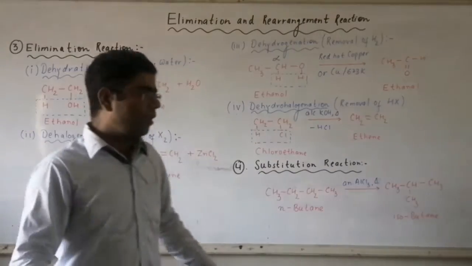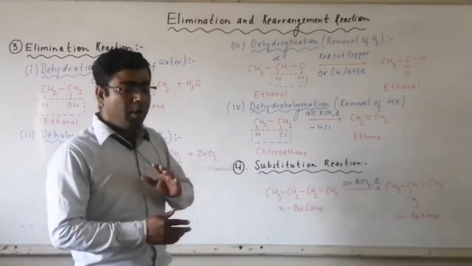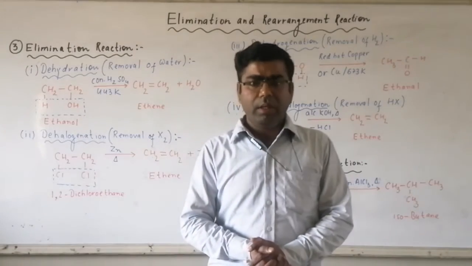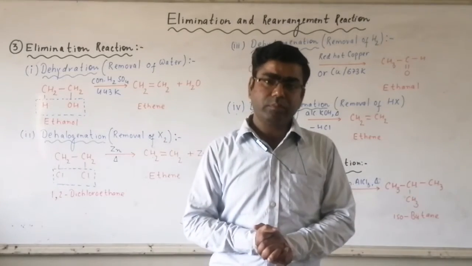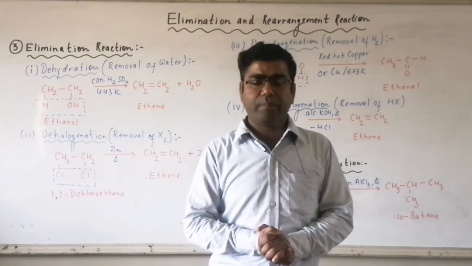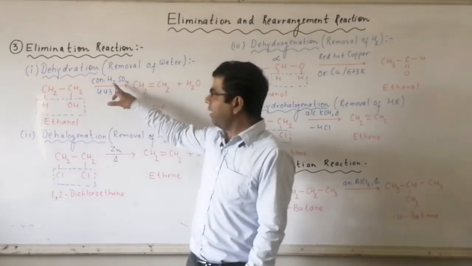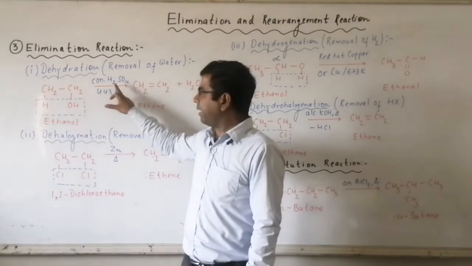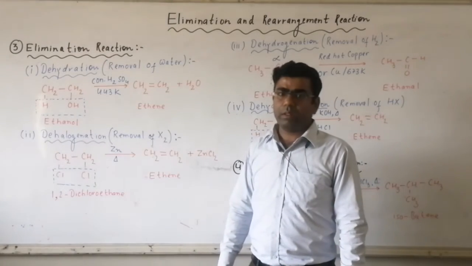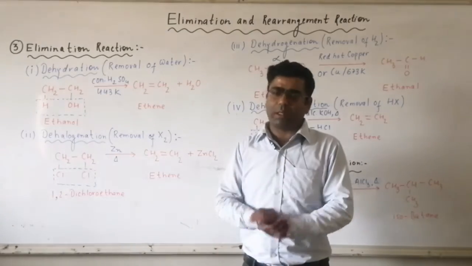So let us start with first elimination reaction, that is dehydration reaction, where removal of water molecule takes place. In this reaction, when alcohol molecules are heated with concentrated H2SO4 at a temperature of 443 Kelvin, then alcohol molecule loses water molecule.